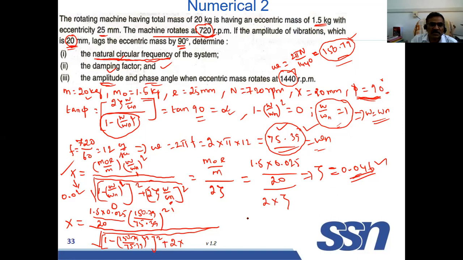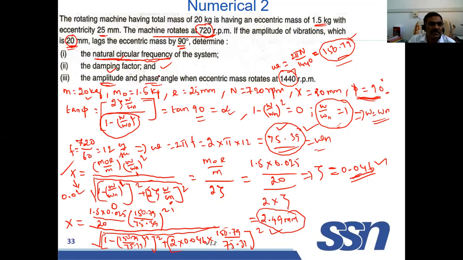Psi is equal to 0.046 into 150.79 divided by 75.39, the whole square. So what will be the value of x? X is equal to 2.49 millimeter. You will get it in meters, so convert into millimeters. 2.49 millimeters. So this is the x value.